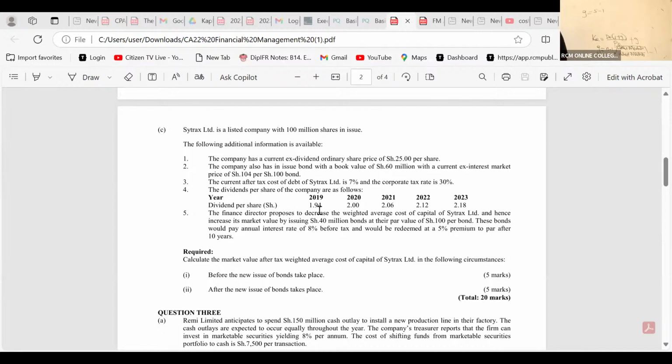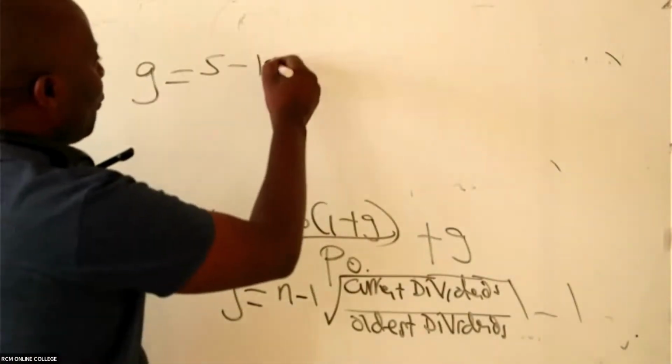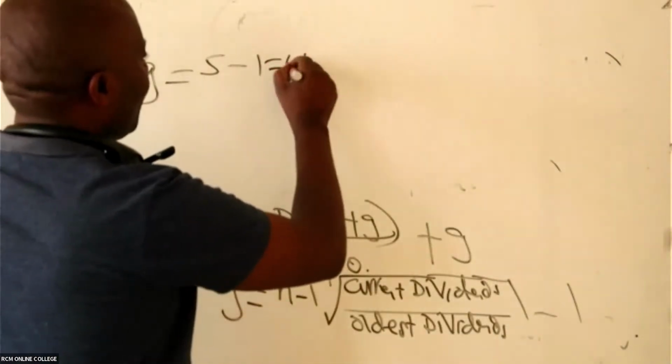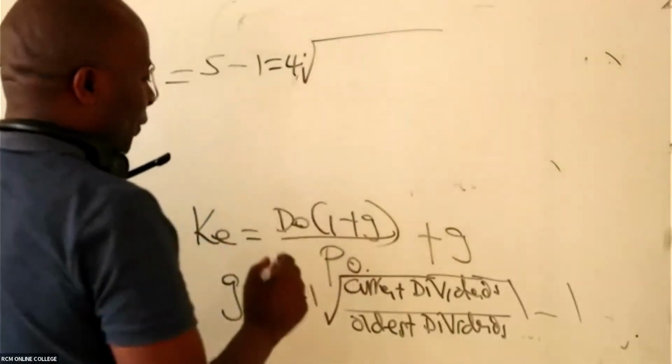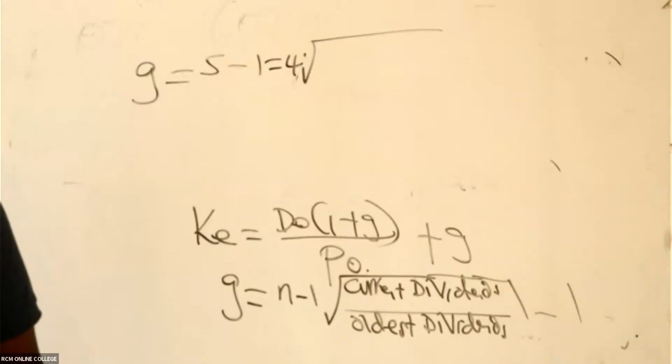Because when you're getting growth rate, you take this divided by this minus 1, right? You're going to lose 1 year anyway. So these are supposed to be 4 years. So this is 5 minus 1 is 4. So this is the 4th root of the current dividend. So are we able to see the current dividend?